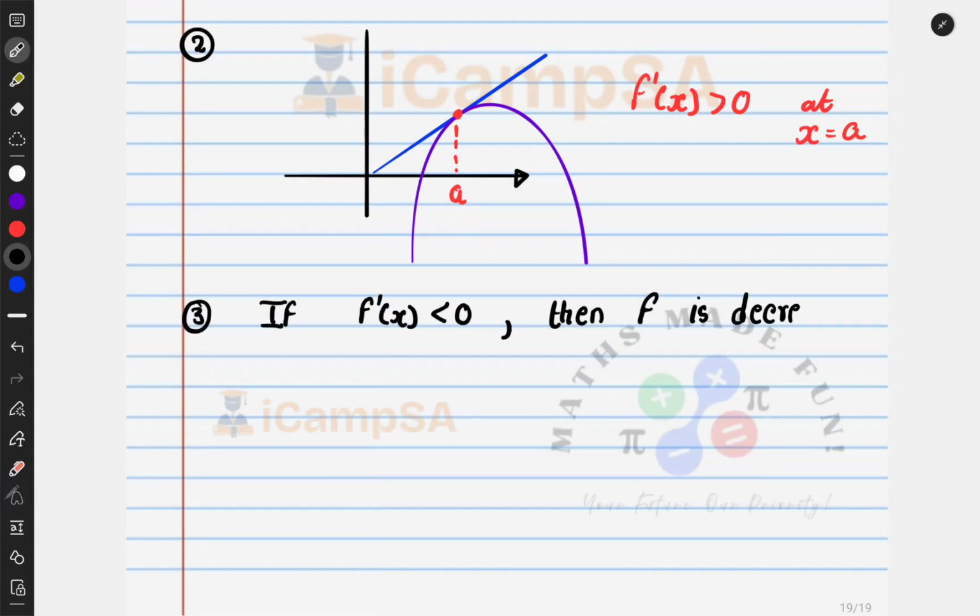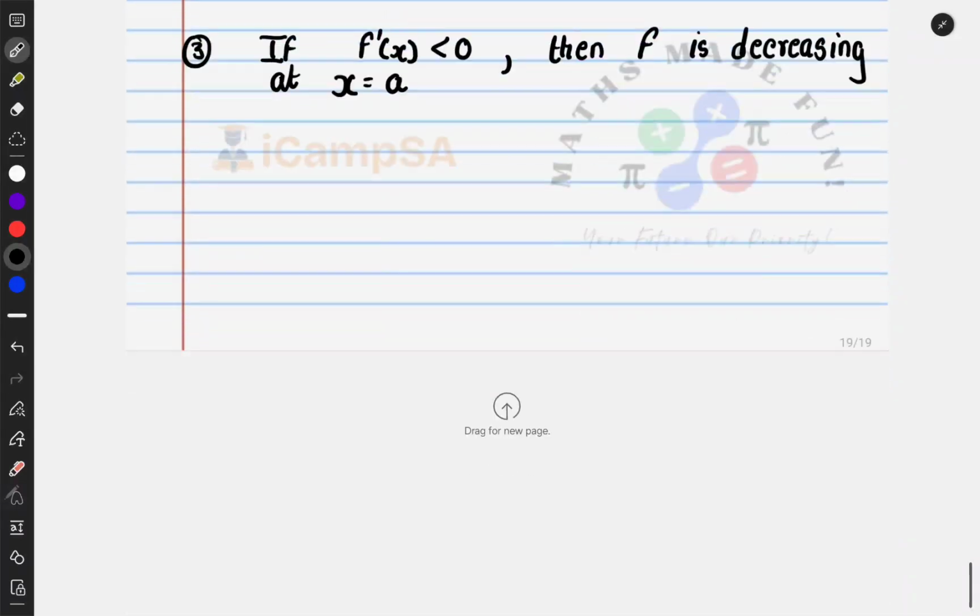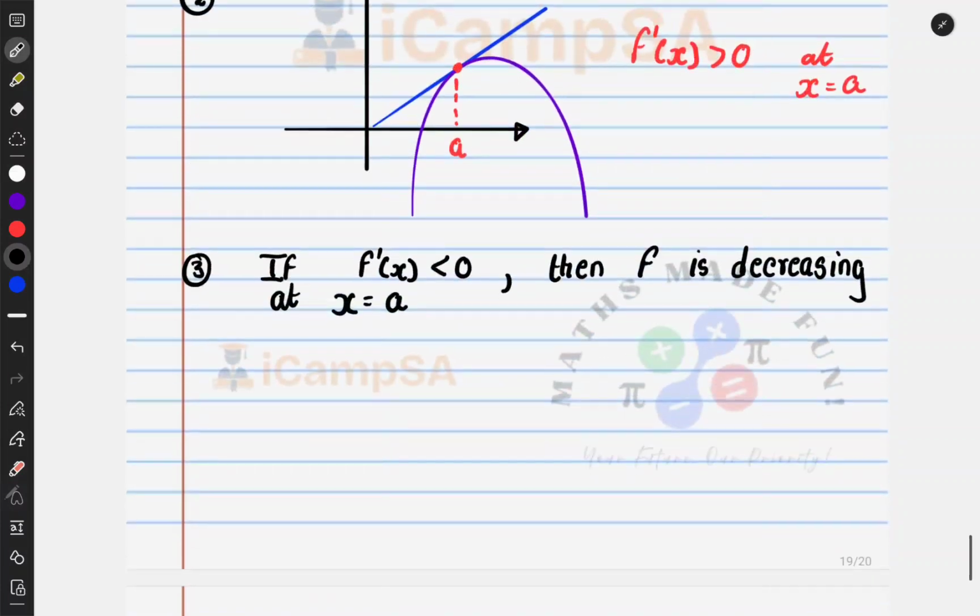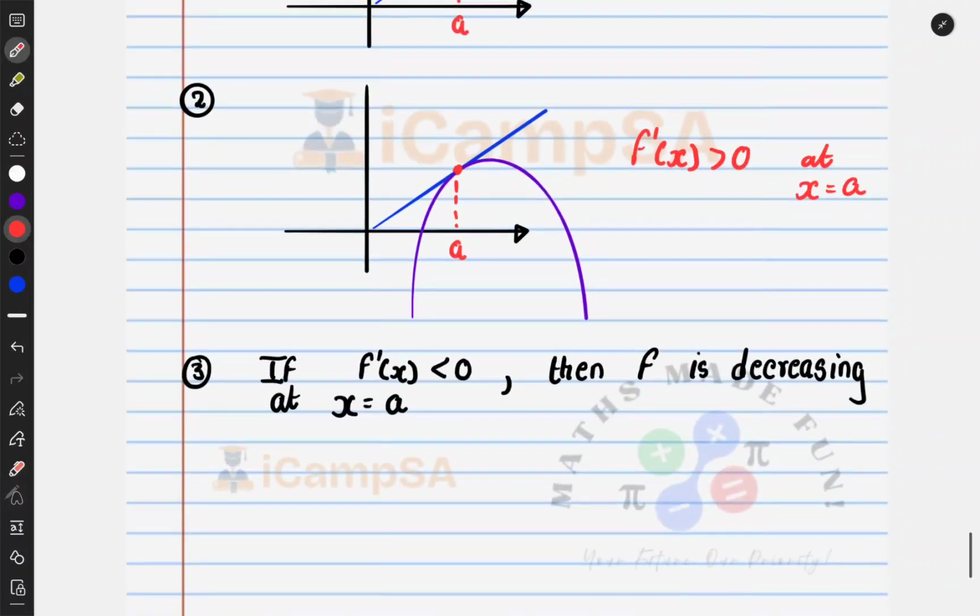My bad if I said increasing. It's decreasing at x is equal to a, at that point of contact.